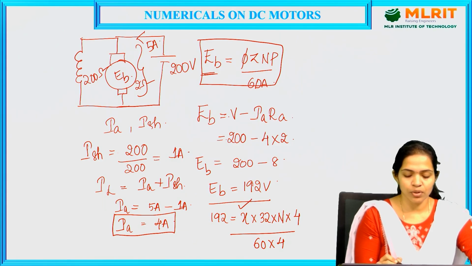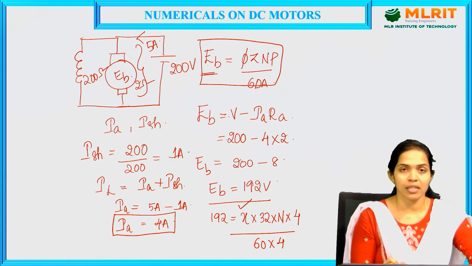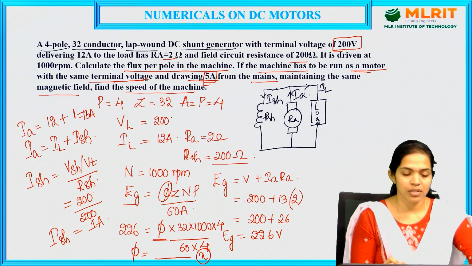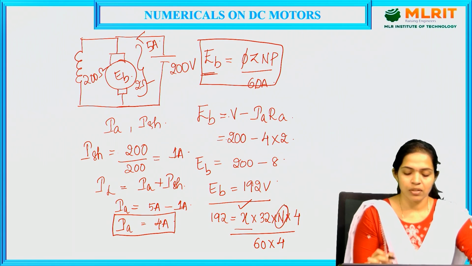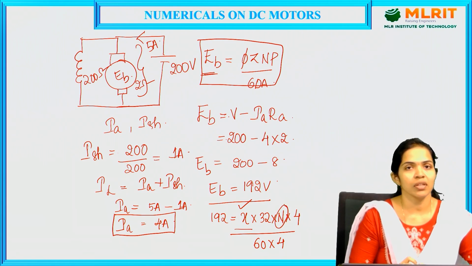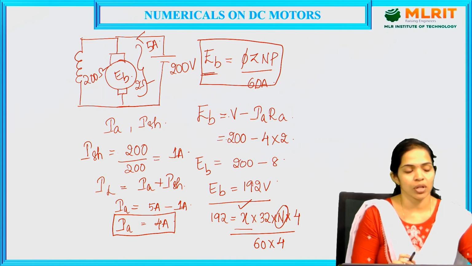X is already known from the previous case, where we calculated the flux when the machine was running as a generator. So substituting the same value of flux in this equation, we get the speed. So this is how we calculate the speed of the same machine when running as generator as well as motor.